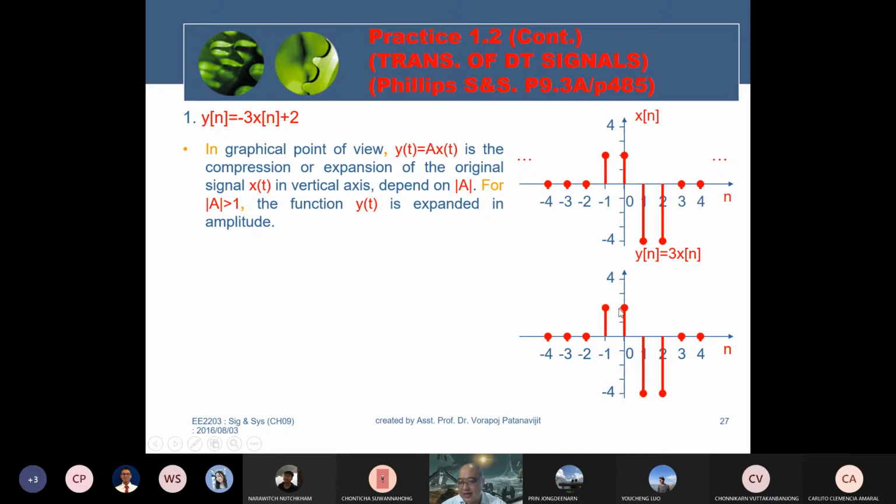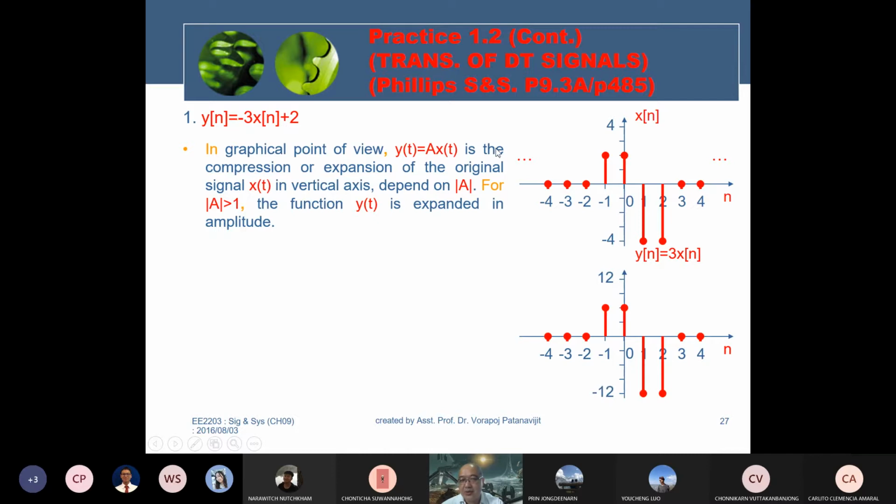You can see that in this case, due to the slide having limited space, we extend the scaling in the vertical axis instead. Here it changes 4 to 3 times 4 is 12, right? It's 12, and changes from minus 4 to minus 12.